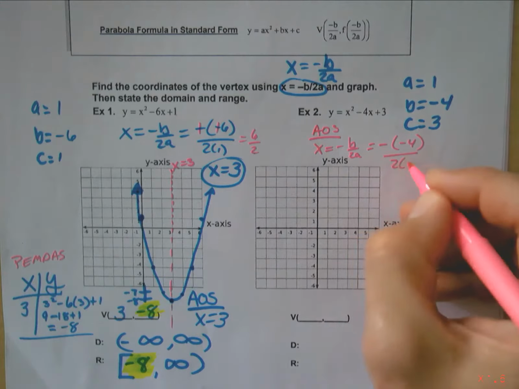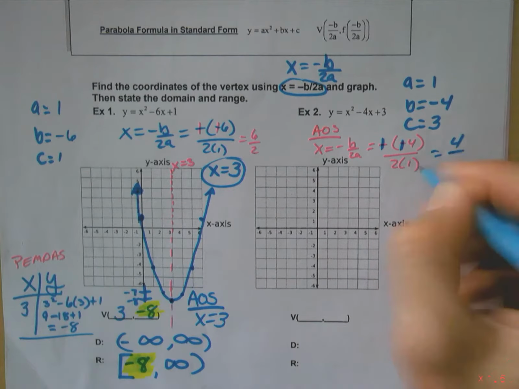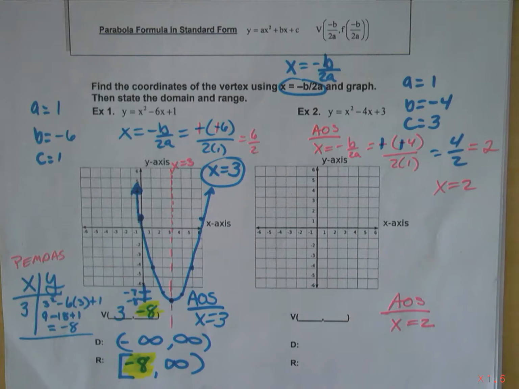The opposite of -4 is +4, and 2 times 1 is 2. And 4 divided by 2 we know is 2. So my axis of symmetry, AOS for short, is x equals 2.